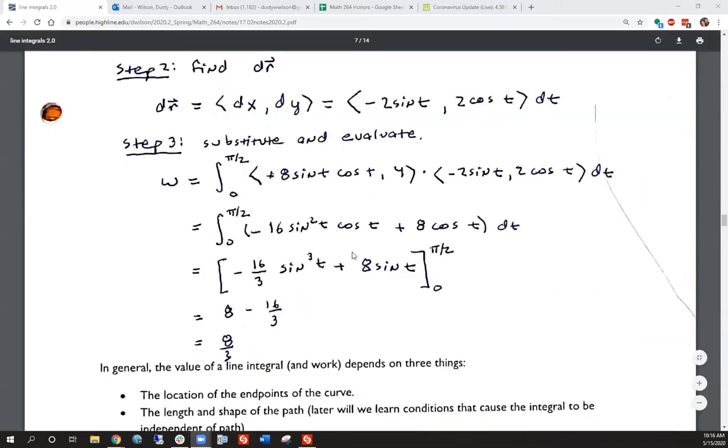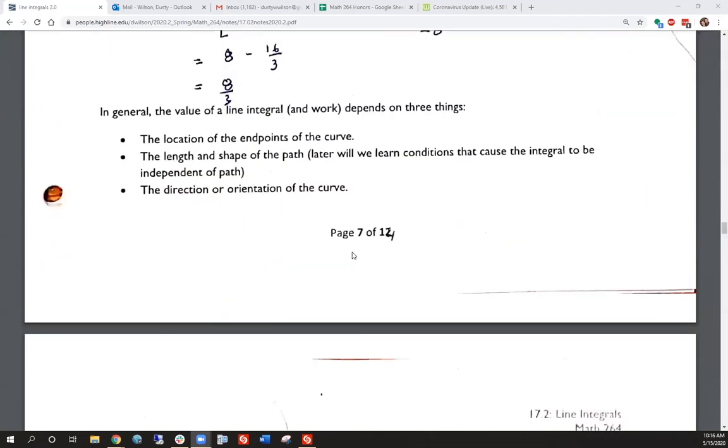All right. So in general, the value of a line integral, the number that comes out the other end, depends on 3 things. It depends on the location of the endpoints of the curve. It depends on the length and the shape of the path. And later in the next section, we're going to talk about times when that path doesn't matter.